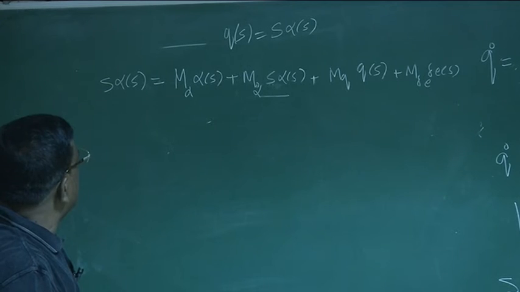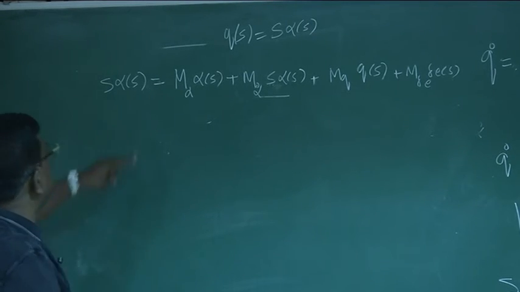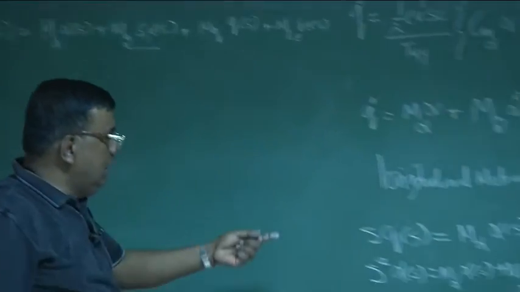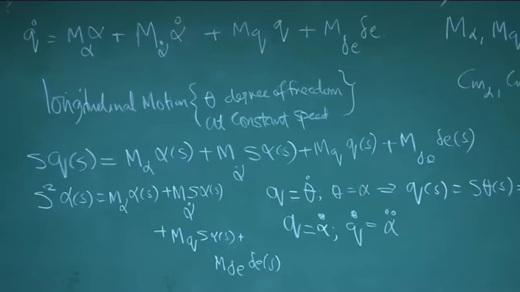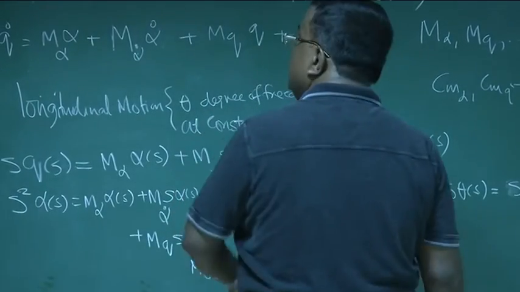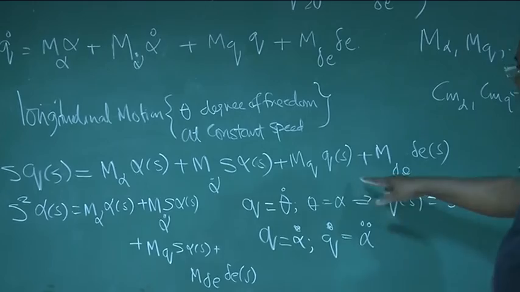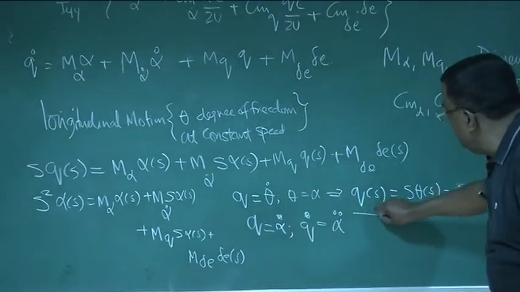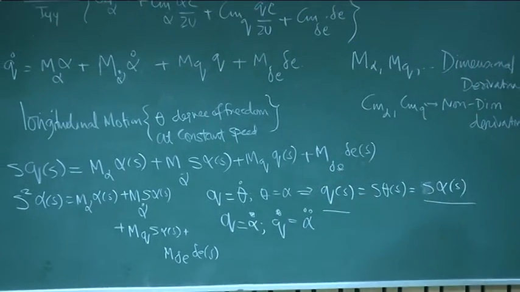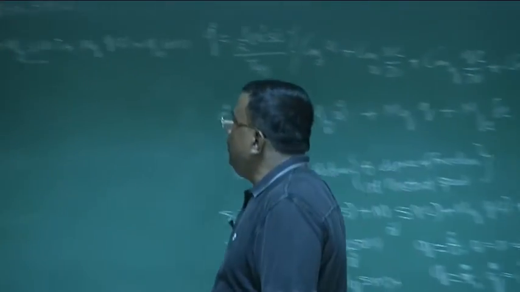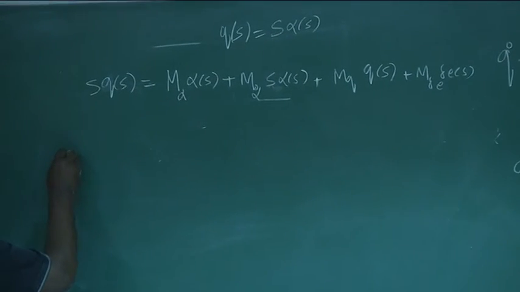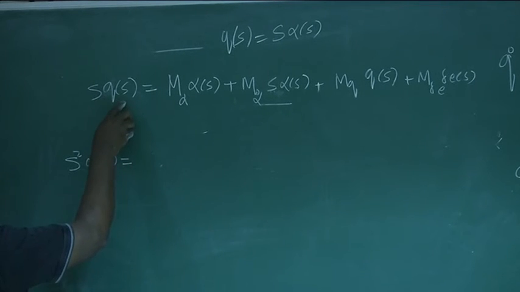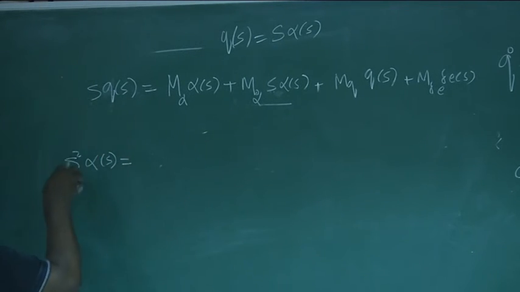This is not alpha S, please understand, this will be Q of S. This is S Q of S, come back here. S Q of S equals M alpha into alpha S, M alpha dot into S alpha S, plus M Q into Q of S, plus M delta E into delta E of S. But what do you know? Q of S equals S alpha S, right? Simply I'll put that there. So what will happen? This will become S square alpha of S, because Q of S is S alpha S, so S into S becomes S square.